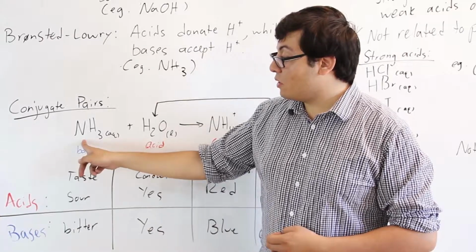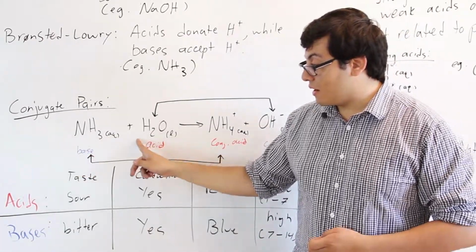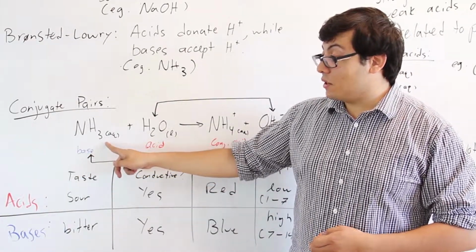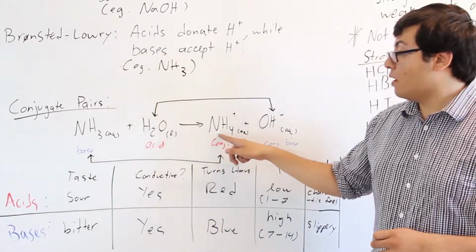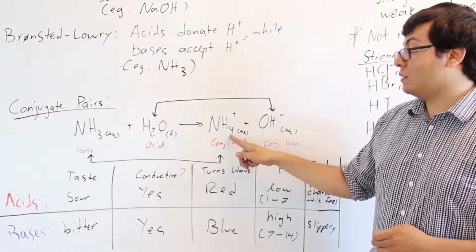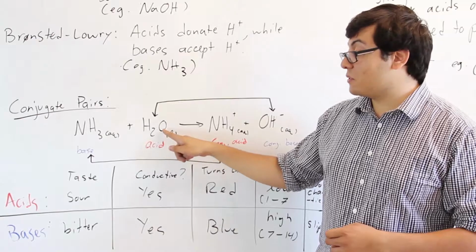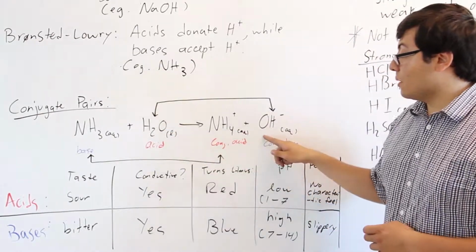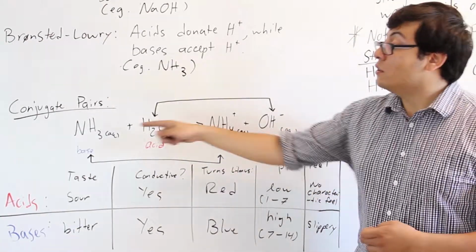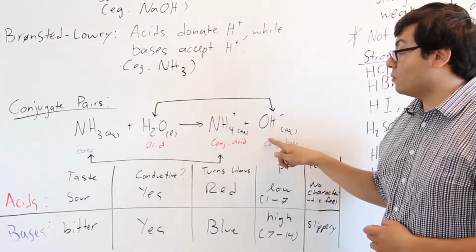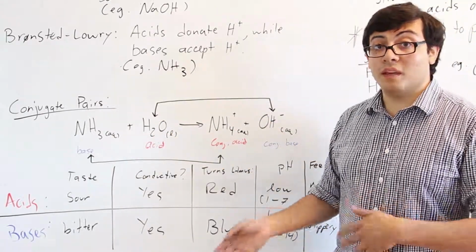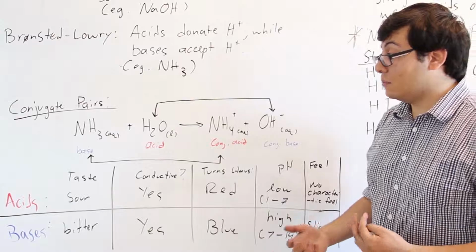So if ammonia is our base, reacting with water as our acid, it's going to accept a proton, an H+, to form ammonium, NH4+. It's going to accept that H+ from water, which is going to lose one, to become hydroxide, OH-. In this way, you'll see that we're going to produce OH-, which will make the solution basic.